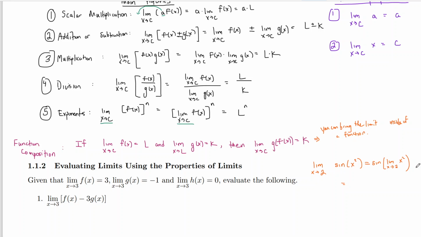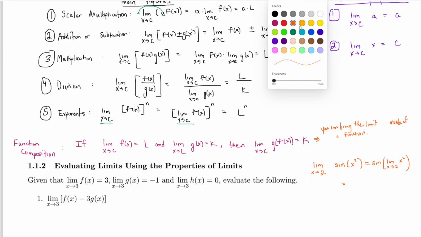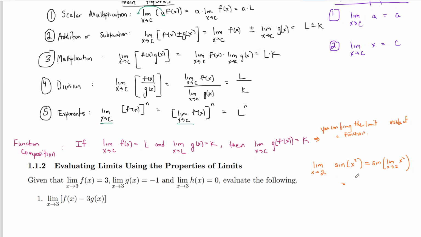How we would evaluate this is really what the section's about, but it's going to pretty much boil down to one thing. You're going to plug in x. Why? Well, your exponent property says you can do the limit of the exponent, meaning I'm going to rewrite this with the sine on the outside. I can move this exponent, quote unquote, outside the limit. We won't usually go through this much detail, but just to explain it, we do the limit as x goes to 2 of x, and then we square it.